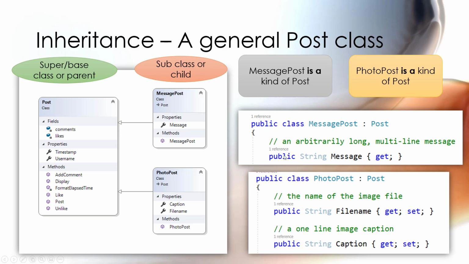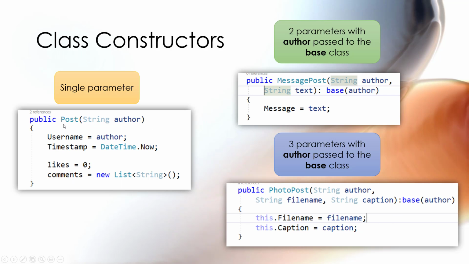I'm going to use these properties. For the message post, we'll have a public string message with just a get, because we will not want to alter it again. Whereas the file name will have a set, and the caption will have a get and a set. When we create any post, all posts have an author, which is the user's name.